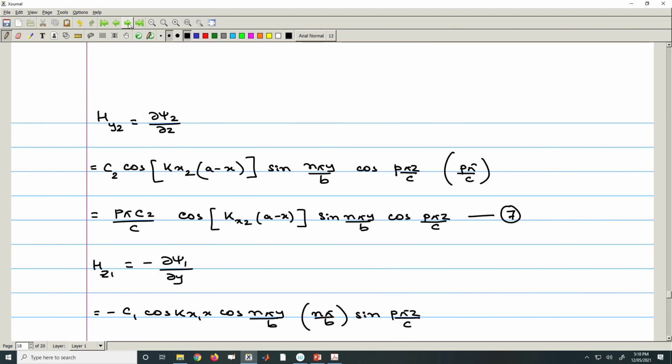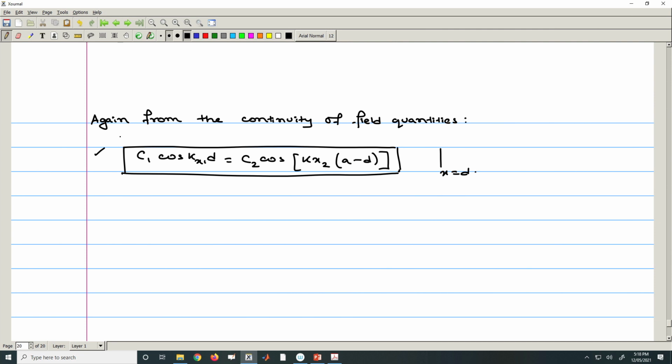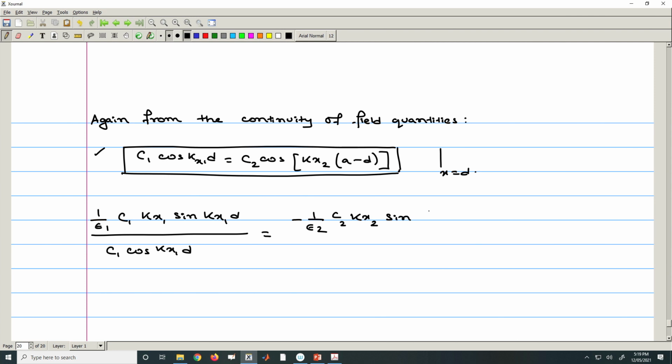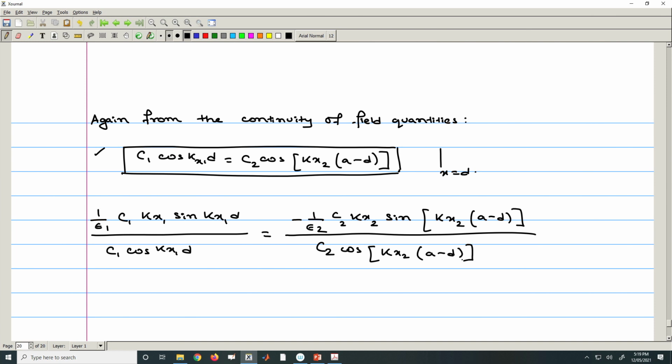So, we will divide 5 with this equation and we will have 1 upon epsilon 1 C1 kx1 sin of kx1 d upon C1 cos kx1 d is equal to, there we had minus 1 upon epsilon 2 C2 kx2 sin of kx2 a minus d divided by C2 cos of kx2 a minus d. Okay.